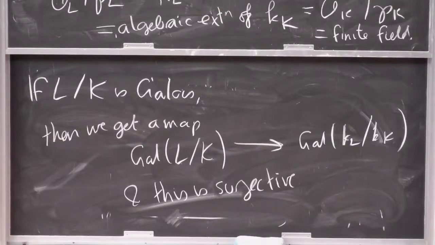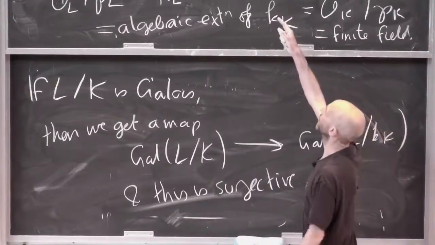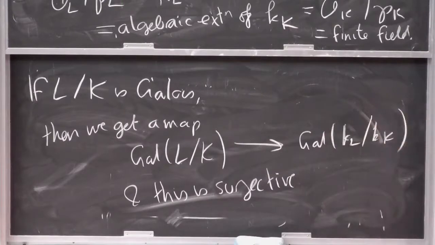So just while I'm erasing this, I'll give an example where it's not injective. If k is the p-adic numbers Qp, and then for L we just decide to throw in a square root of p, so L is Qp root p. Then the integers of that, OL, would be Zp root p, and the maximal ideal would be generated by root p.